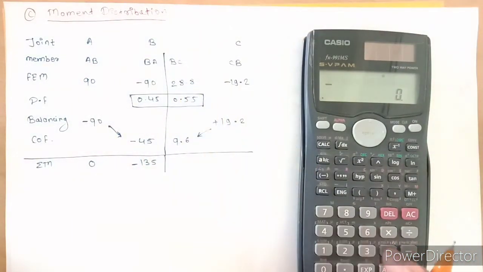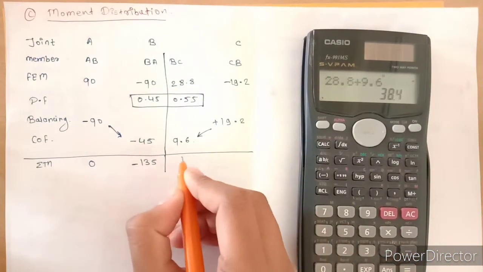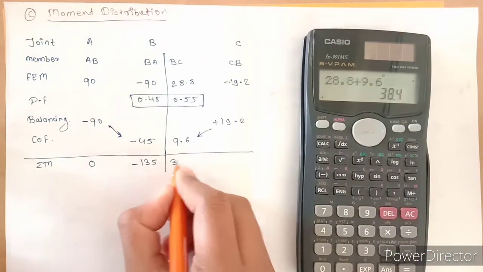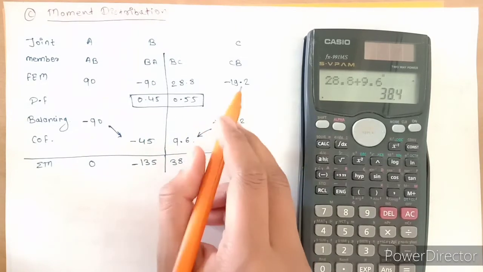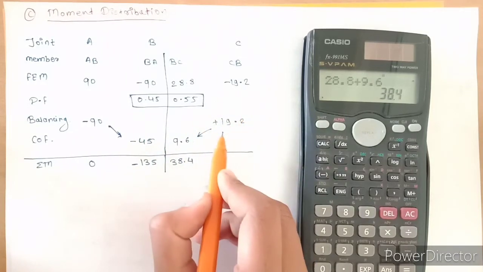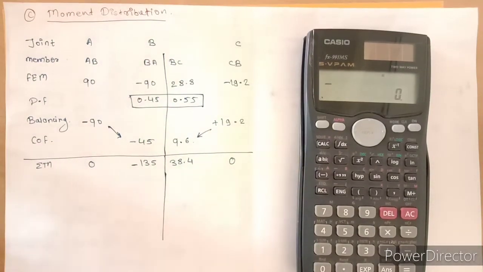Then for the BC member, 28.8 plus 9.6 is 38.4. And the last, minus 19.2 plus 19.2 is equal to 0. So you can see that at the intermediate joint these two final moments are not equal, so that's why we need to redistribute.